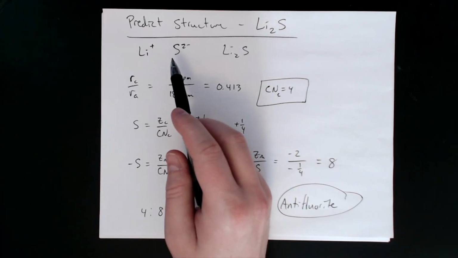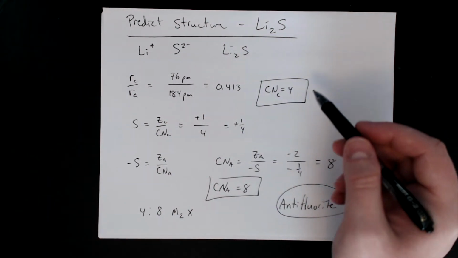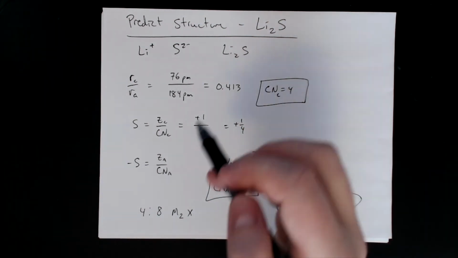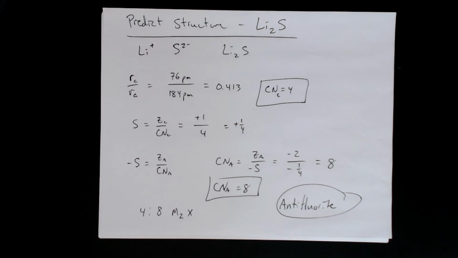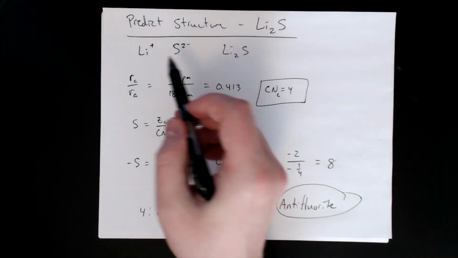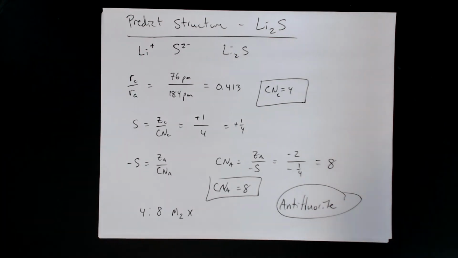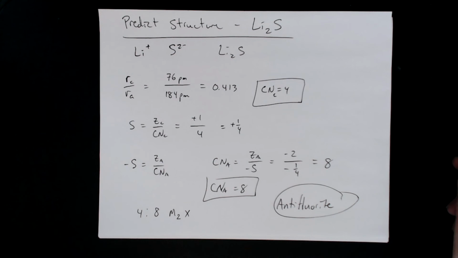And so getting values for the cations and anions is actually tricky in that you already are supposed to know the coordination numbers. So it's a bit cyclical. And so we'll only do a few examples here, but you want to keep those things in mind. So oftentimes you have to take a guess at the coordinations for these and then work through it and come back. So that's the example here for lithium sulfide.